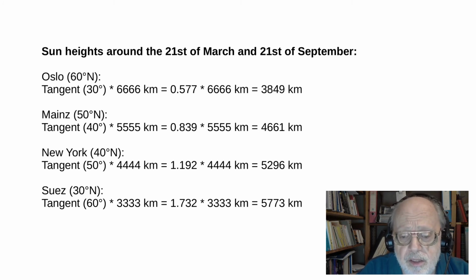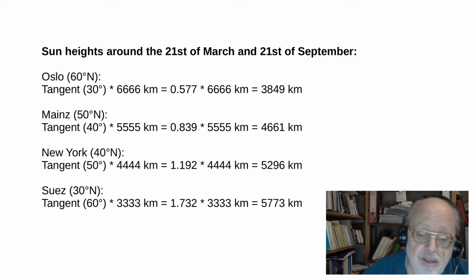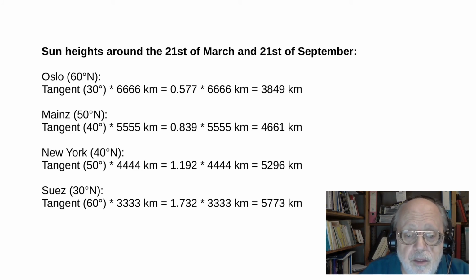In New York, the sun is 50 degrees above the horizon at noon. The tangent of 50 degrees is 1.192. The distance from New York to the equator is 4,444 kilometers, and the height of the sun computes to 5,296 kilometers.